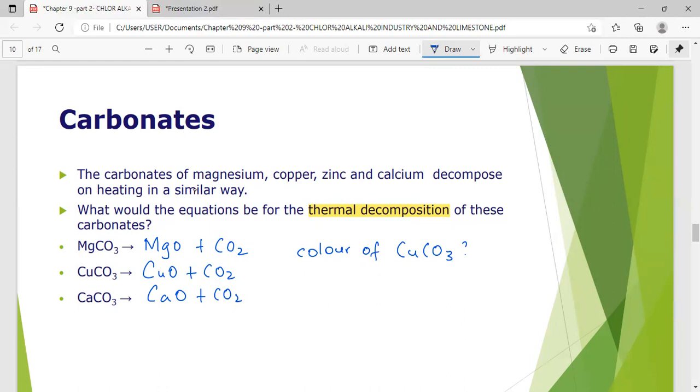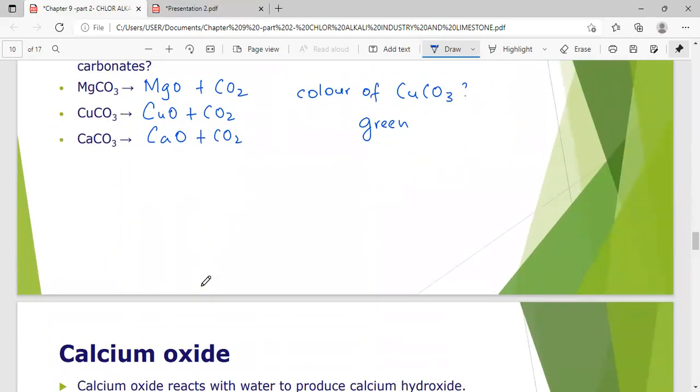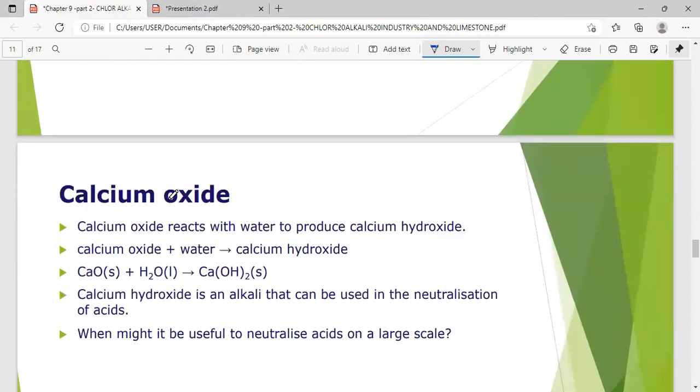Green, yes. Copper carbonate is a green solid. Dehydrated copper sulfate is blue in color. So from calcium carbonate, you get calcium oxide and carbon dioxide.